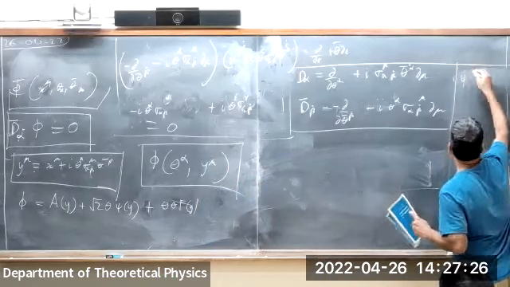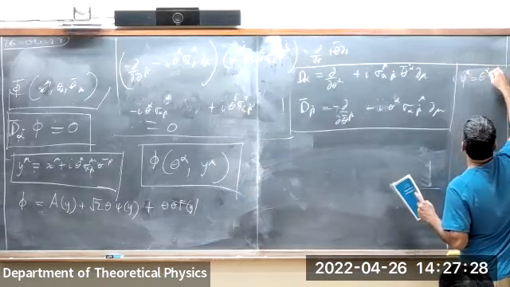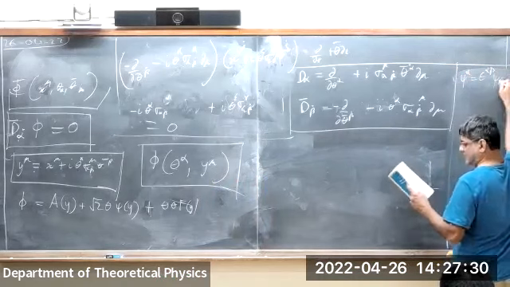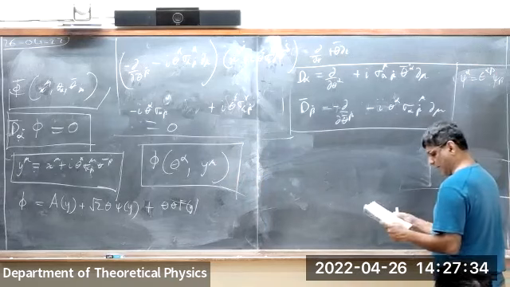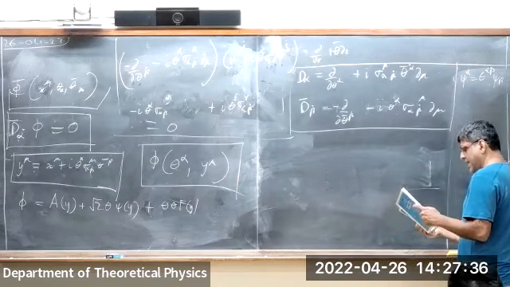Psi alpha, epsilon alpha beta psi beta. This is always the convention for raising and lowering.